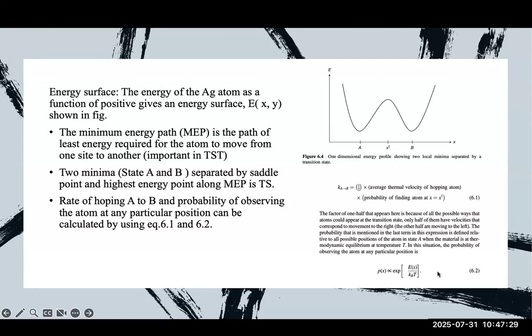From this equation we need to calculate the average thermal velocity of the hopping atom, and again we are going to calculate the probability of finding the atom. Particularly, we can calculate the probability of finding the atom at a specific point by using this equation.